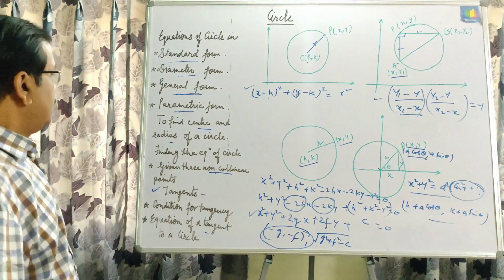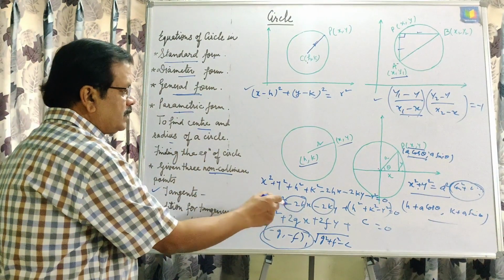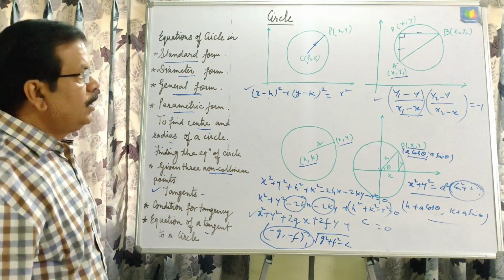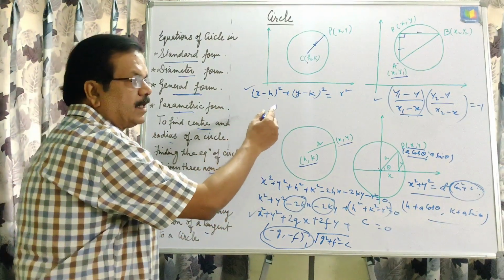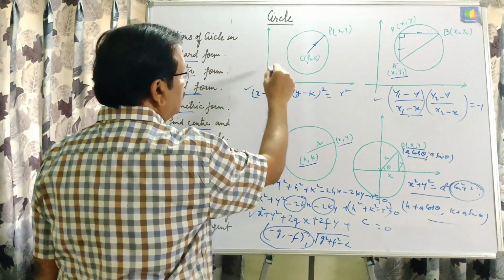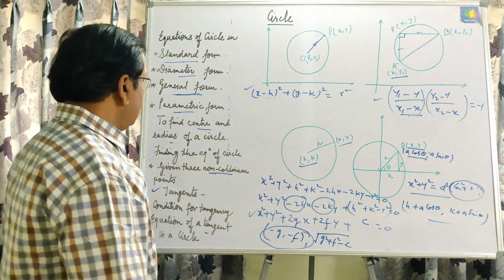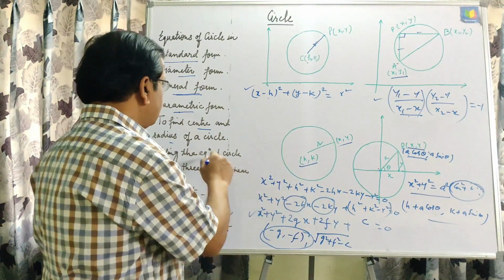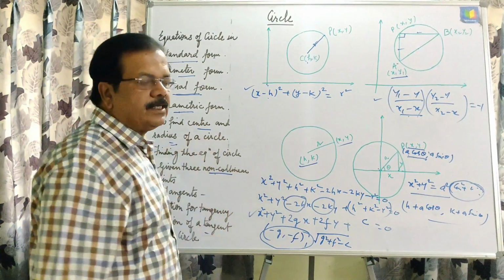Now next, with the help of this, whenever we do the questions, you will see different types of circles passing through the origin or touching the coordinate axis, and with the help of this, how to find center and radius of the circle.